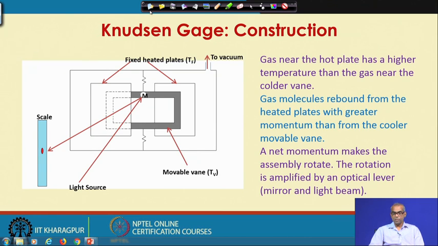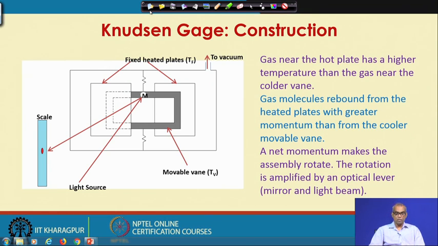So, what will happen is a net momentum on the movable vane will make it rotate. Now, this rotation can be considered as a measure of the pressure or vacuum.